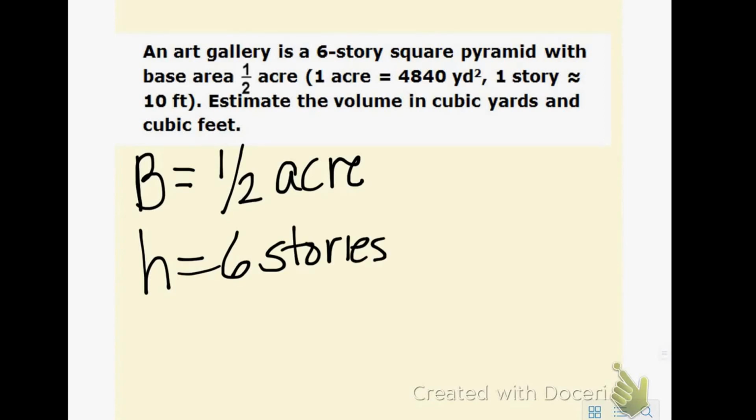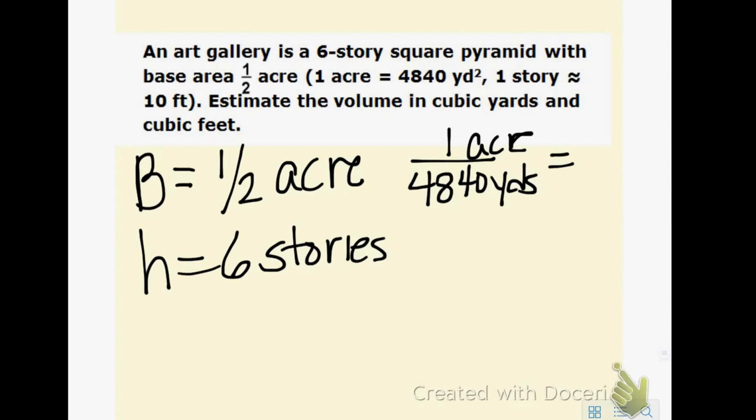It tells me that 1 acre is equal to 4,840 yards squared. And I know that I have half an acre. How many square yards do I have? To work that out, I need to cross multiply.